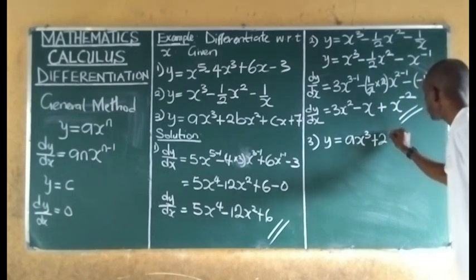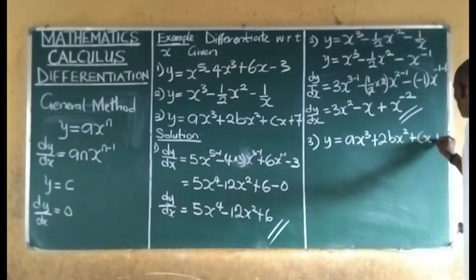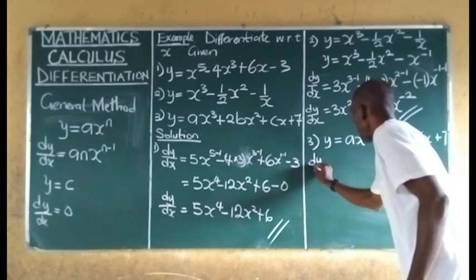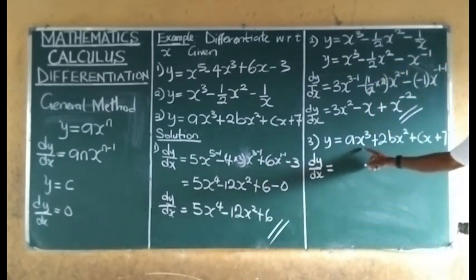Number 3, we have if y is equal to ax raised to the power of 3 plus 2bx squared plus cx plus 7. The dy over dx, that is differentiating with respect to x.